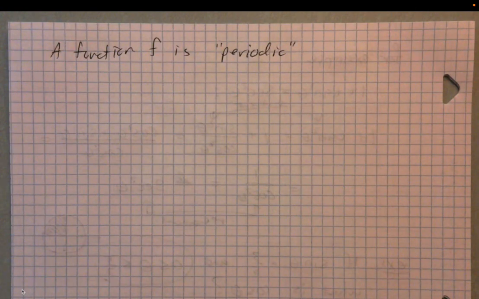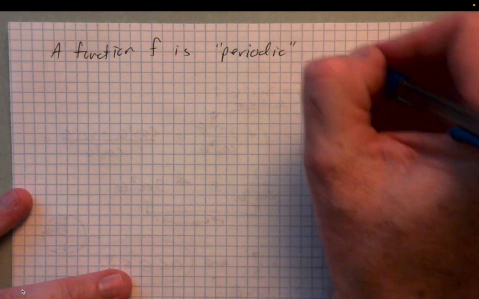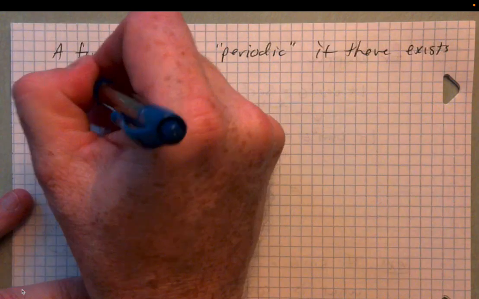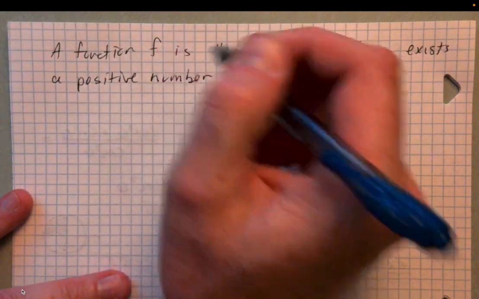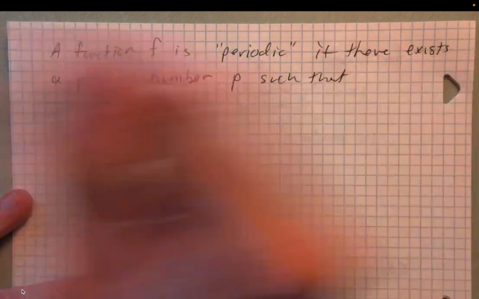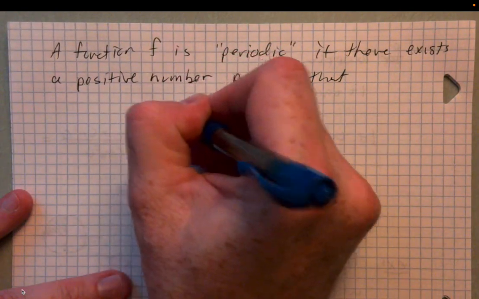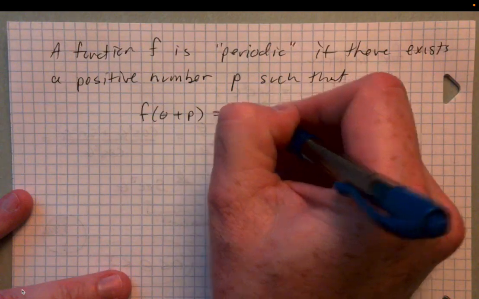But what it means kind of more technically is that a function is periodic if there exists a positive number p such that f of theta plus p is equal to f of theta.